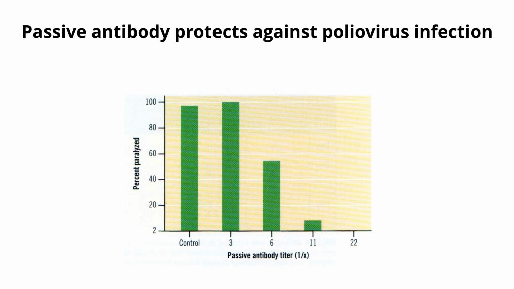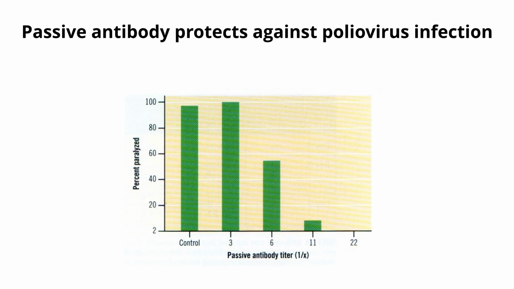For example, you could immunize an animal with poliovirus and wait a couple of weeks and then take serum out, show that there are neutralizing antibodies in it, and then inject it into a second animal, which is what's shown here. So the readout here is paralysis. On the y-axis, we have % paralyzed. The control animal is inoculated with a certain amount of poliovirus. And after an incubation period, you score paralysis. You can see 100% of these animals are paralyzed.